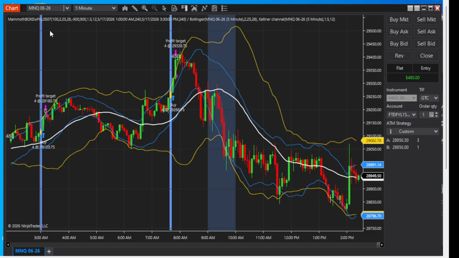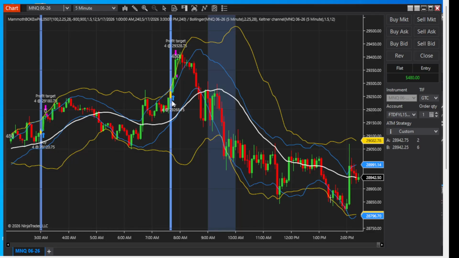This strategy is simple. The trades will be triggered based on these conditions. The first condition is the Bollinger Band, either upper or lower band: greater than the upper of the Keltner channel, or less than the lower channel of the Keltner channel.